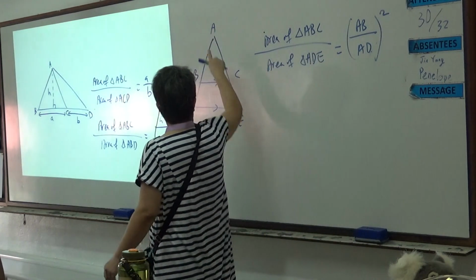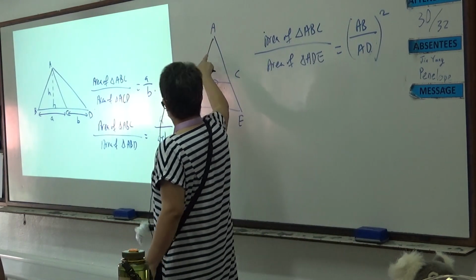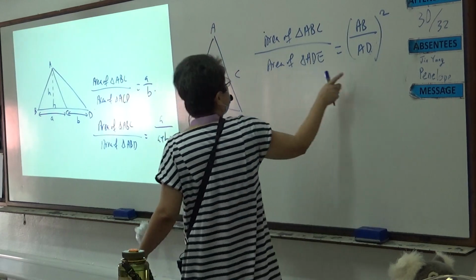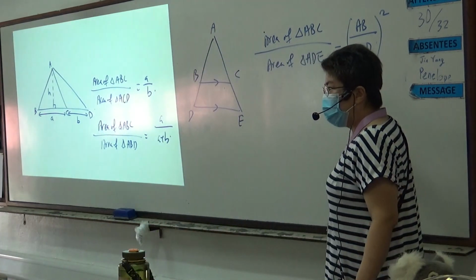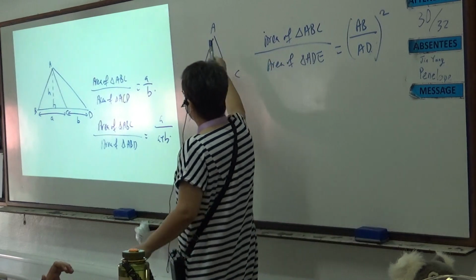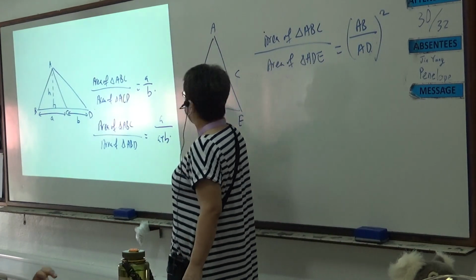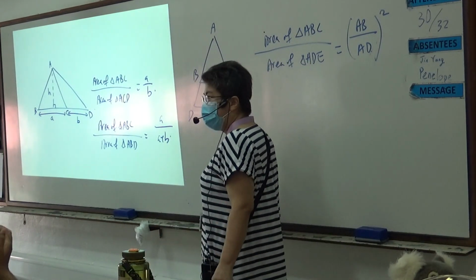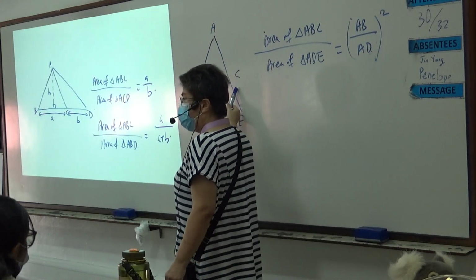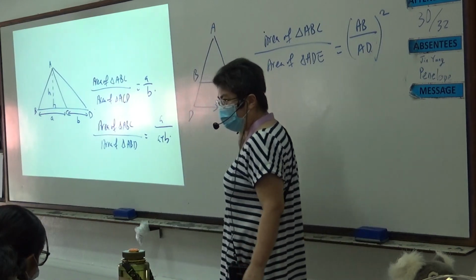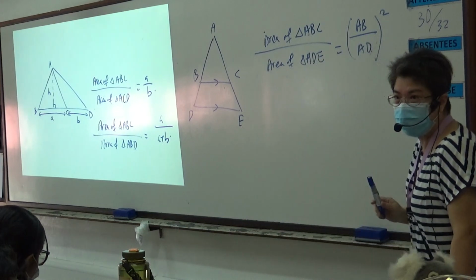Do you agree this is a small triangle, this is a big triangle? Small over big must be this length over this length whole thing squared. Does it mean that it must be AB and AD? Can it be AC and AE? It can also be BC and DE. Understand? It must be the corresponding length.